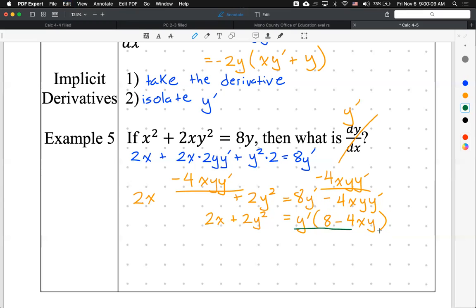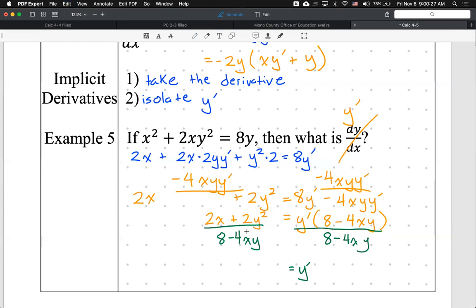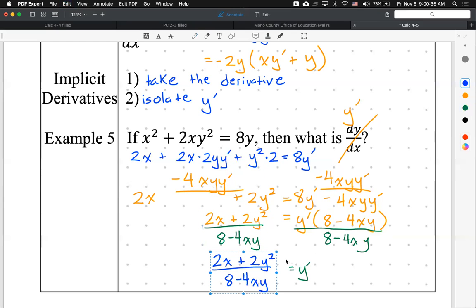So divide both sides by that 8 minus 4xy. Therefore, y prime is equal to, I don't really want to rewrite that. Technology, save me. Copy paste. And I can even change the color to make it look like I rewrote it. See, I rewrote it.